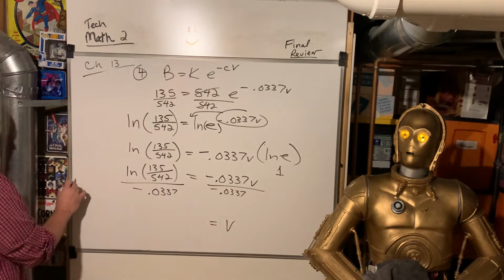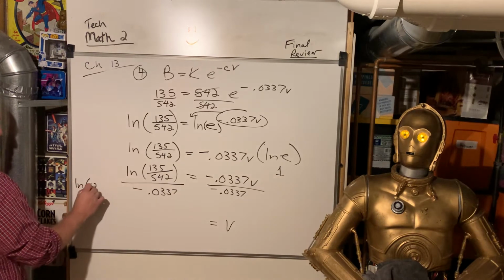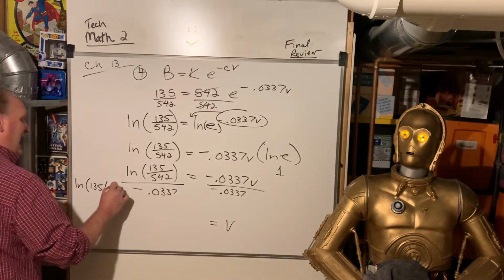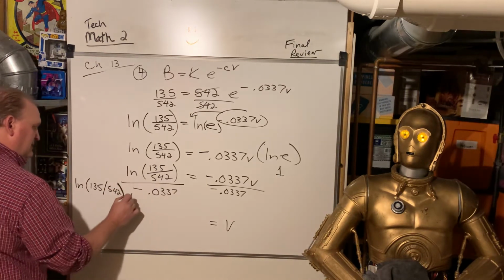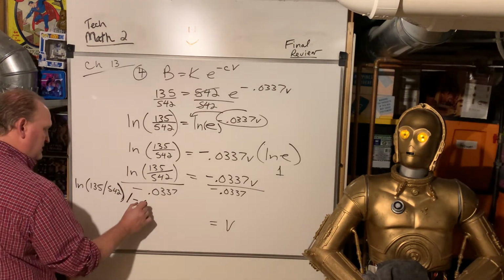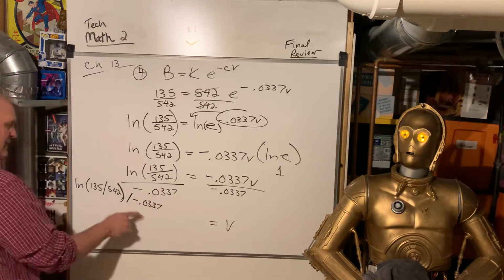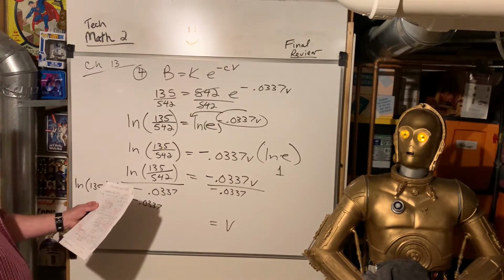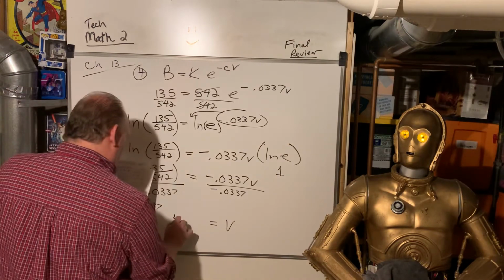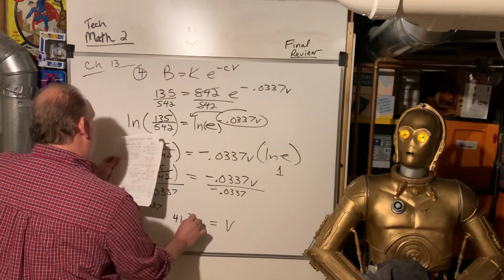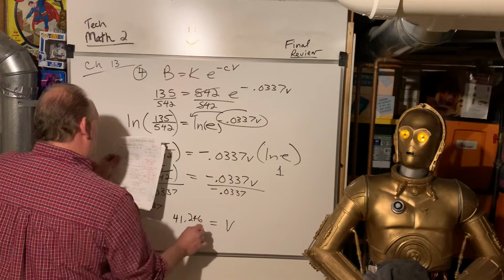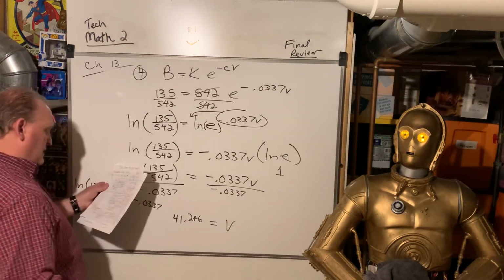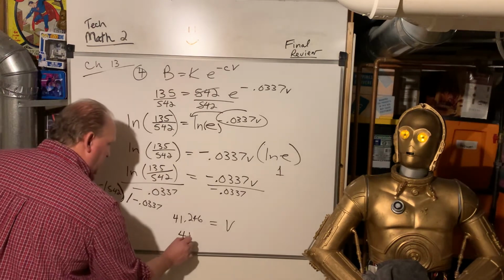So now when you type that in, it's ln parenthesis 135 divided by 542, end parenthesis divided by negative 0.0337. And then hit enter, and that will give you 41.24603036, but they only want tenths, so 41.2.